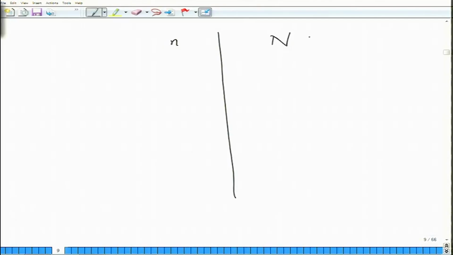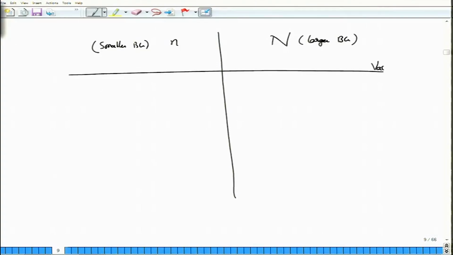Remember, capital N will have a larger band gap, whereas small n will have a smaller band gap, but we will also assume that corresponding to the vacuum level, the electron affinity, which is where we had located the conduction band over here, would be, so I should not write it very close to the junction because the property will change.